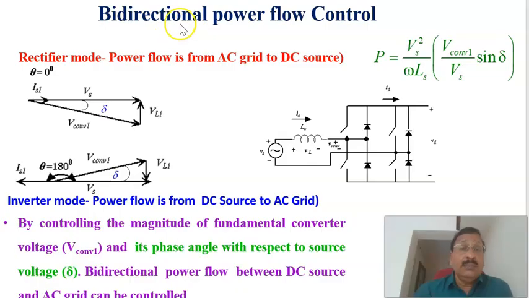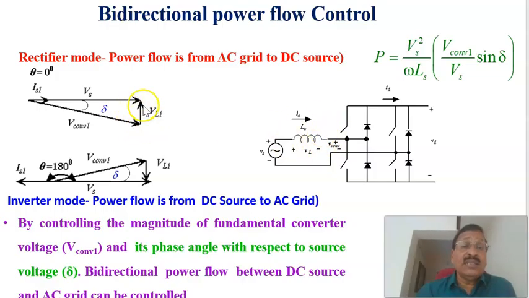Therefore, continuing the bidirectional power flow, what I already explained in the previous slide, the reactive power mode of operation as well as rectifier mode of operation as well as inverter mode of operation. In rectifier mode of operation, we have to make the converter 1 voltage phasor lag the Vs by a certain angle delta, so that VL1 will be, basically what we are controlling is, by controlling V converter 1, finally we are controlling the vector voltage across the linking inductor.